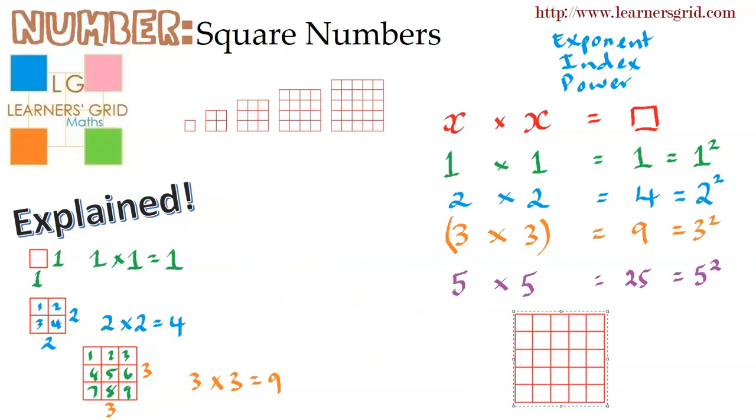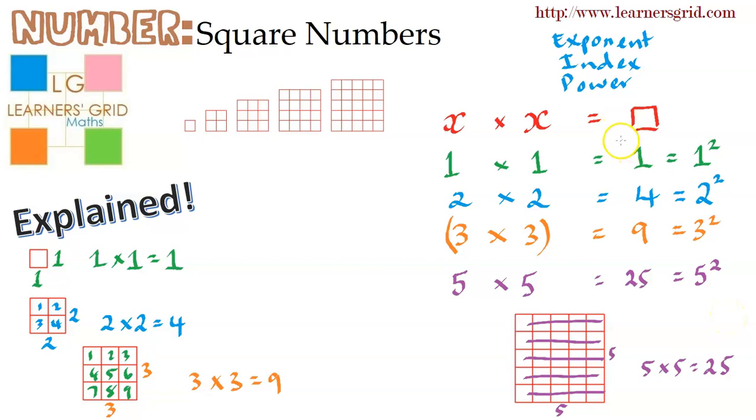As you can see, I've got 5 squares along one side, let's say the width, and 5 squares on the height. And altogether, if I count all these squares up, I'm going to get 25 squares. 5 times 5 equals 25. So 25 is another square number.